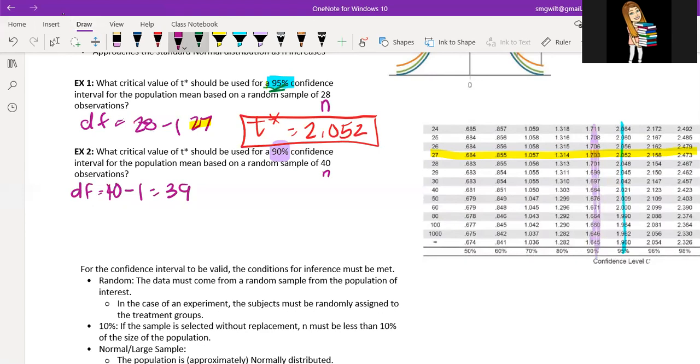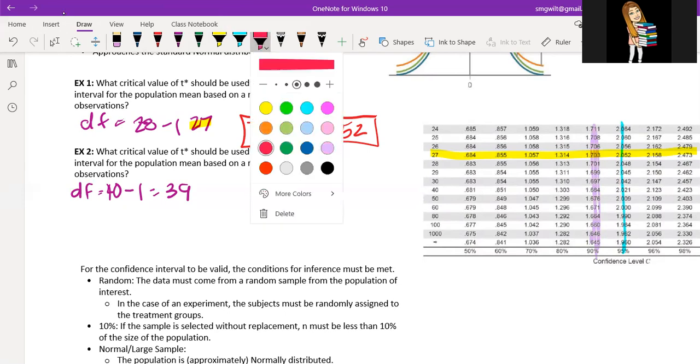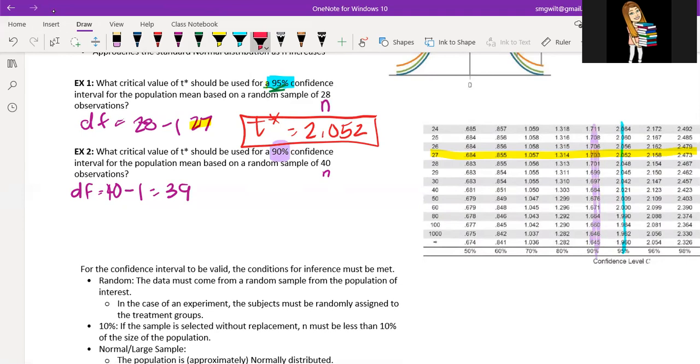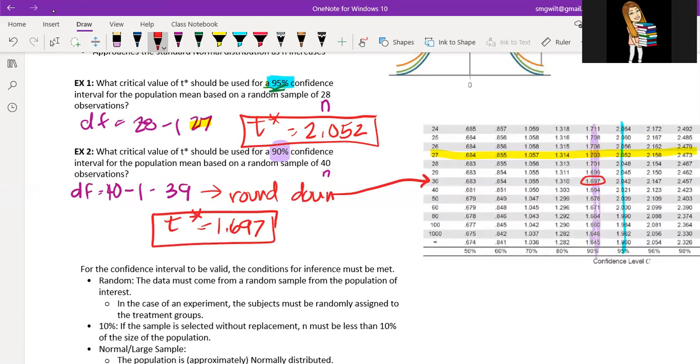But again, 39 is not on that table, so we're looking for the closest value rounded down, which is going to be 30. So t star for a sample of 40 is going to be 1.697. That's the first step in preparing.